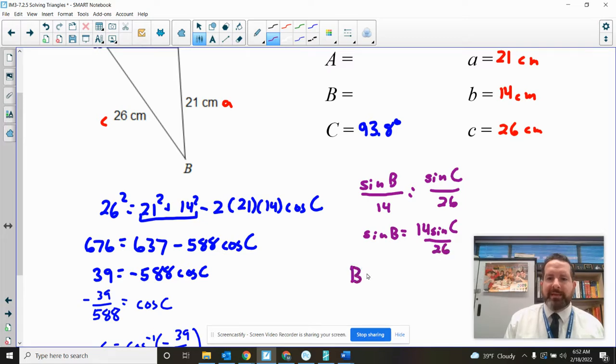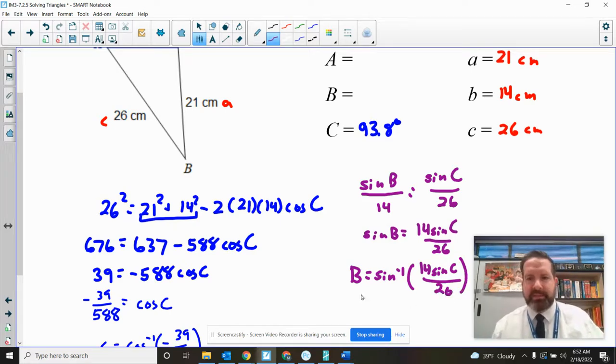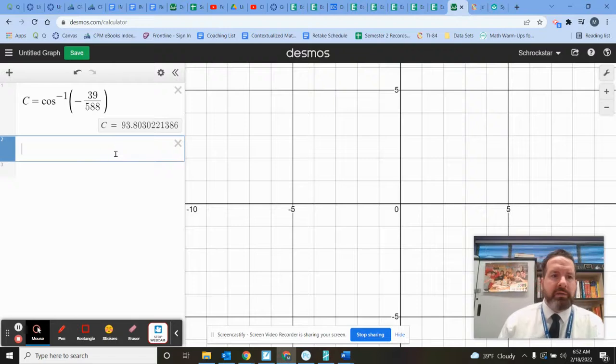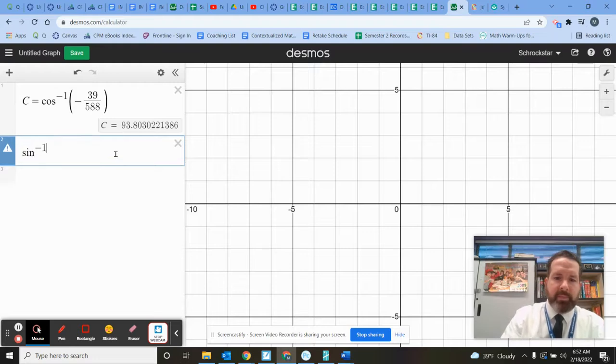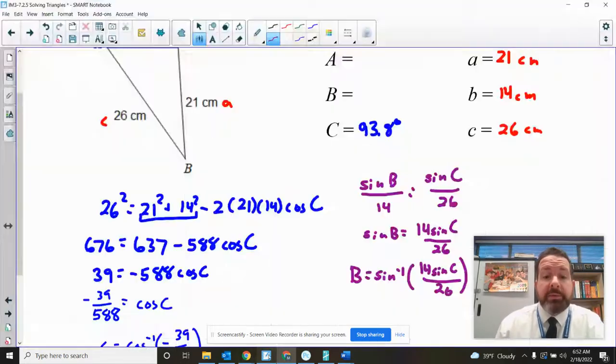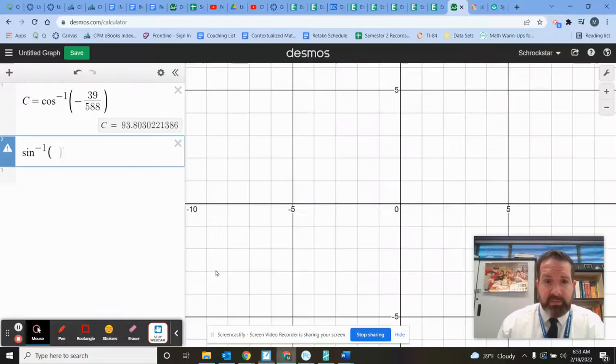So my B then is the inverse sine. That's how you get rid of that sine function. 14 sine of angle C, which is that 93.8 degrees, over 26. So I want B to be the inverse sine of 14 sine C over 26.